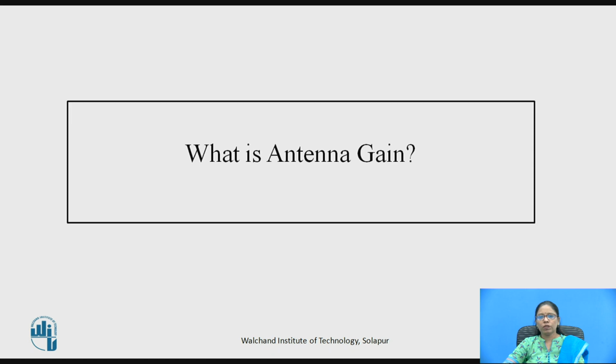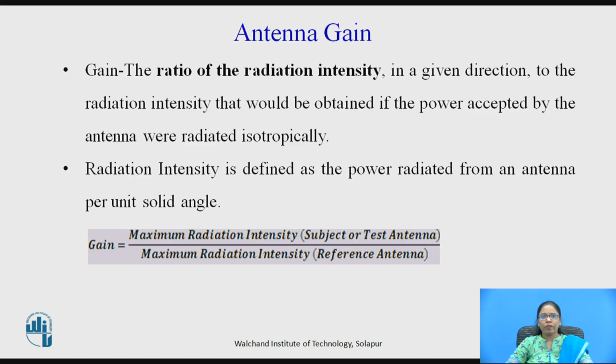As we are talking about gain measurement, let us try to understand what is meant by antenna gain. Antenna gain is the ratio of radiation intensity in a given direction to the radiation intensity of the isotropic antenna when both are provided with an equal amount of power.